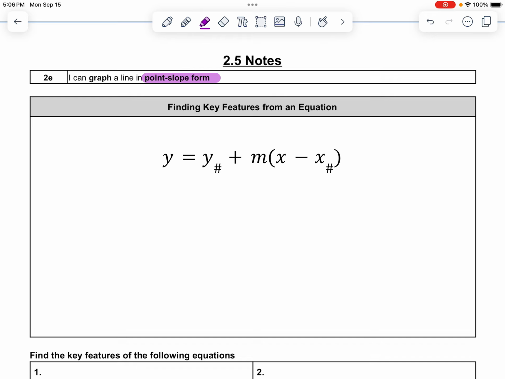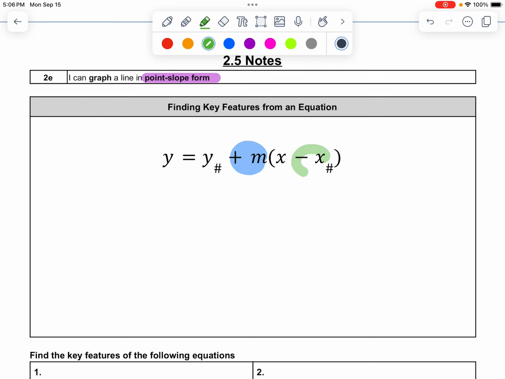Instead, it says y equals the y number plus m parentheses the x minus the x number. There are going to be three important numbers for us to look at in this equation. The first number we're going to look at is m.